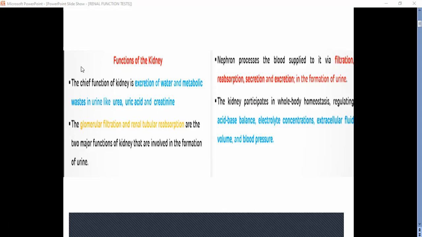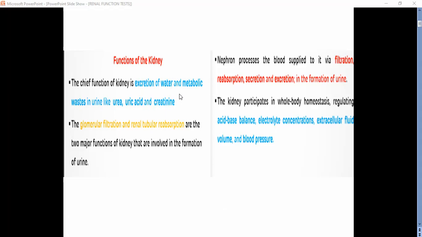That is, the excess amount of water that we take into our body is excreted. Excretion of water means the water that goes into urine is not needed by the body. That's why we call the chief function of the kidney the excretion of water and metabolic waste, which is unwanted and in excess.